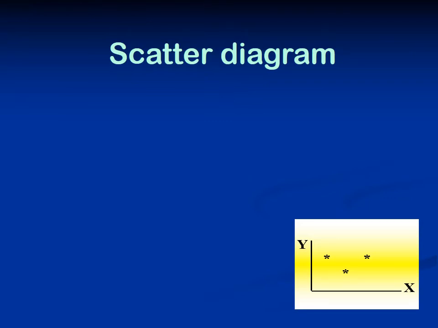In this case, we need the y-axis and the x-axis. What you're seeing down here is what we call a scatter plot. The form of a scatter plot can be linear or it can be curvilinear.